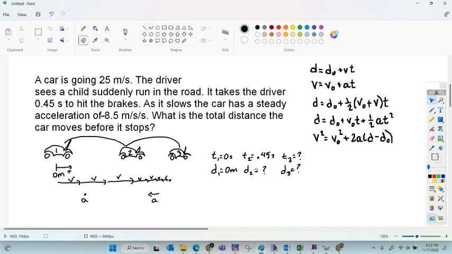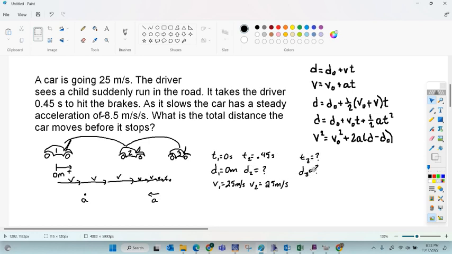What we do know, we know that we have a starting velocity of 25 meters per second moving forward. At V2, think it through before I write it. At V2, how fast is it going? I hope you thought 25 meters per second. It hasn't slowed down yet.